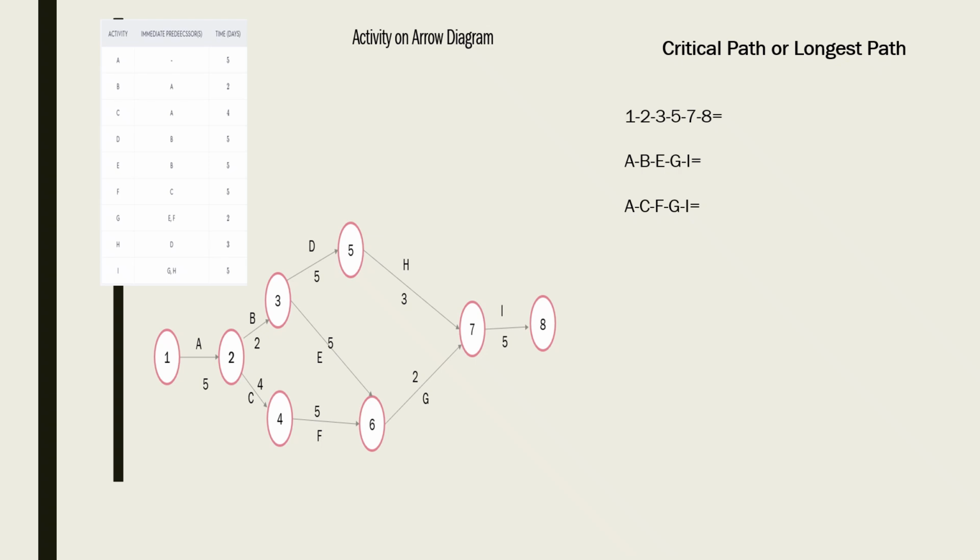Now here, 1 to 2, the path value is 5. Then directly I will calculate: 5 plus 2 is 7, 7 plus 5 is 12, 12 plus 3 is 15, and 15 plus 5 is 20. So the answer here is 20.